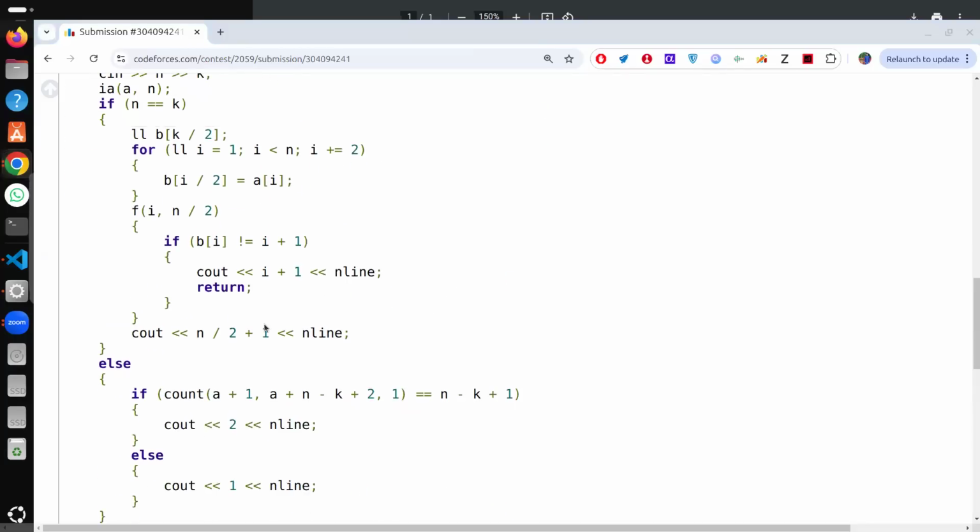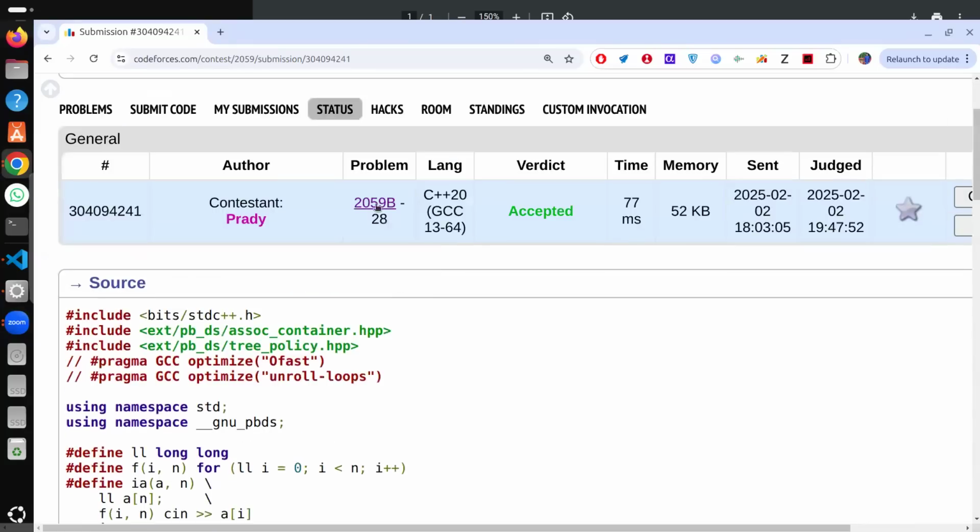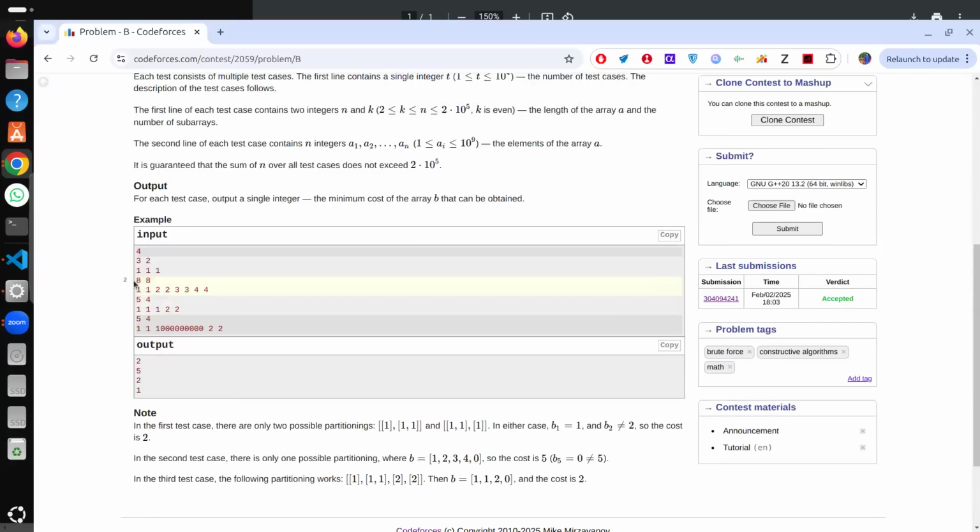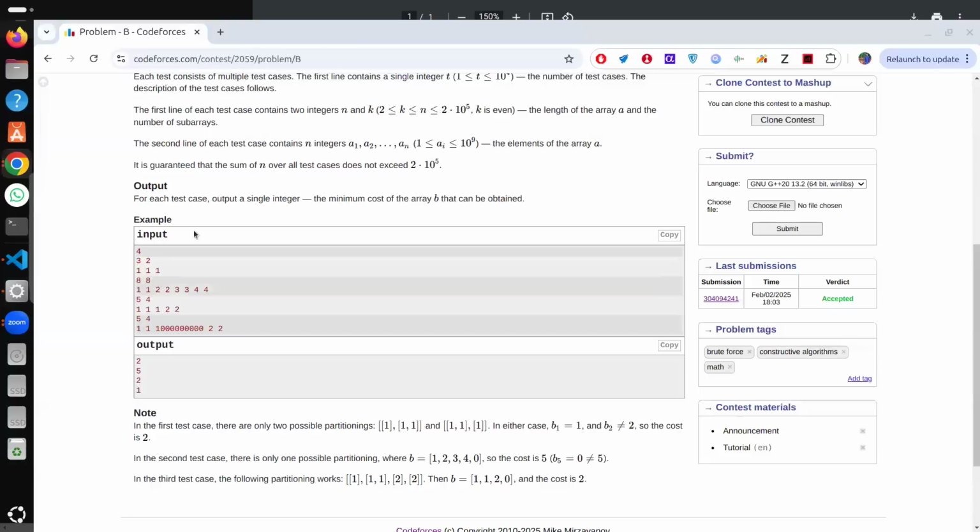Nitin, you are asking how the answer is 5 for this array. If you observe, n is equal to k in this case. So you have to break 8 elements into 8 subarrays. Isn't that pretty fixed? 1, 1, 2, 2, 3, 3, 4, 4.